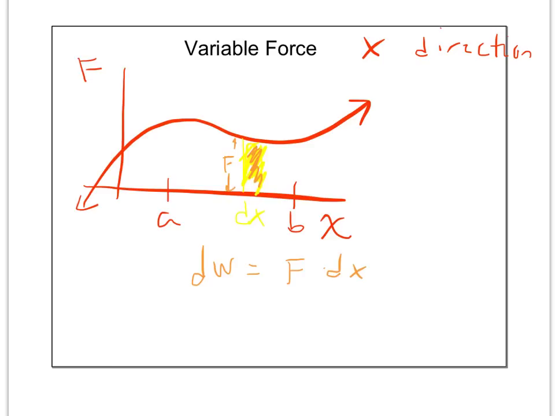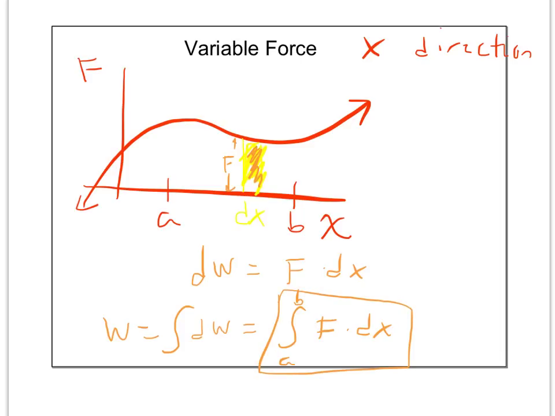And so if I wanted to find the total work, that would be the integral of all those little slivers, which would be the integral of f dx from A to B. And so now here we're going to start using calculus to find work when we have a variable force. Remember, this only is in the x direction.